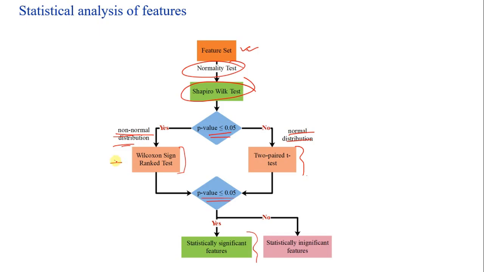Please keep this in mind. This chart was made by my student, who had only two classes, and hence we have given this chart. From here, you can find out the statistically significant features, and you can use these features for further classification to develop your classification model.